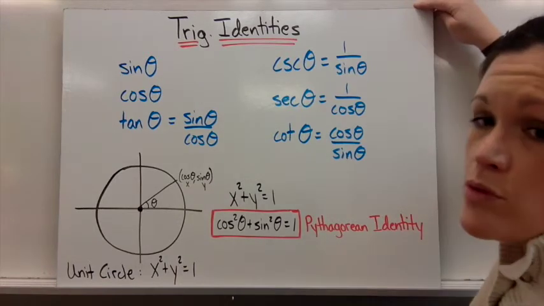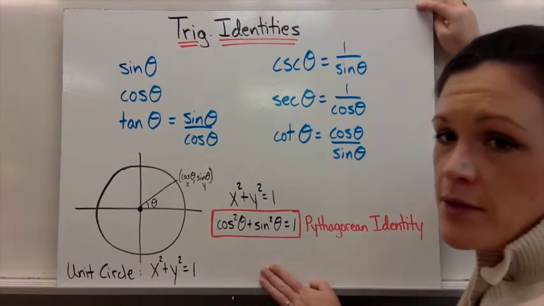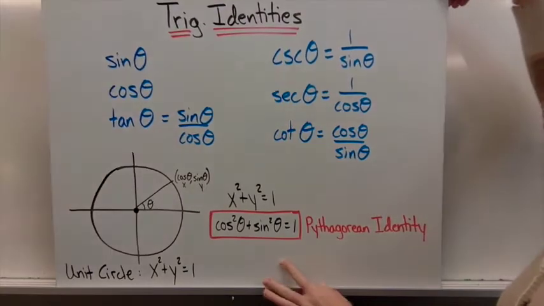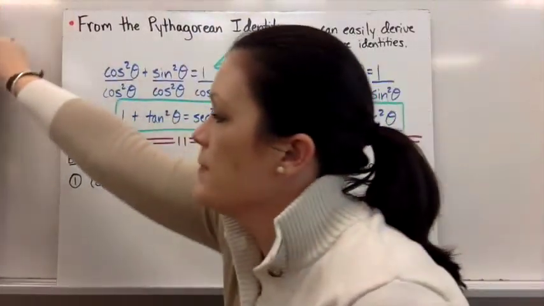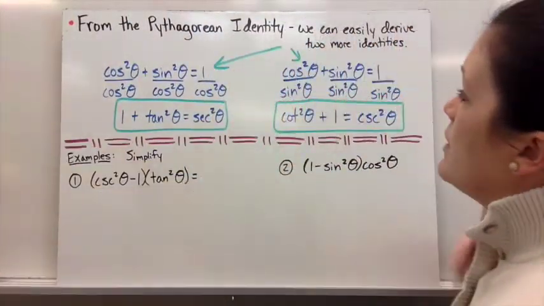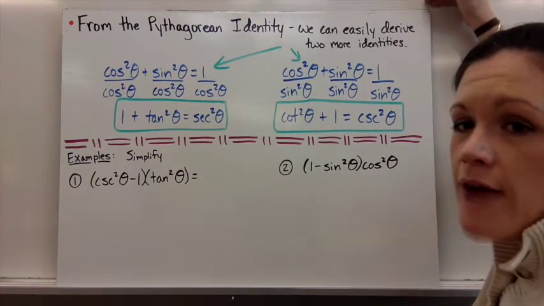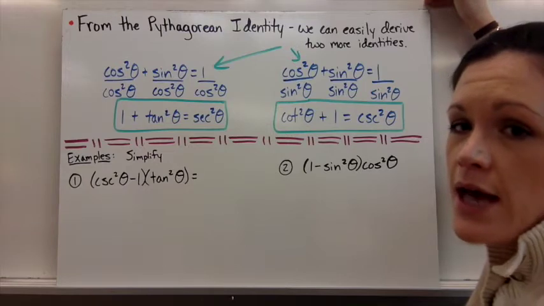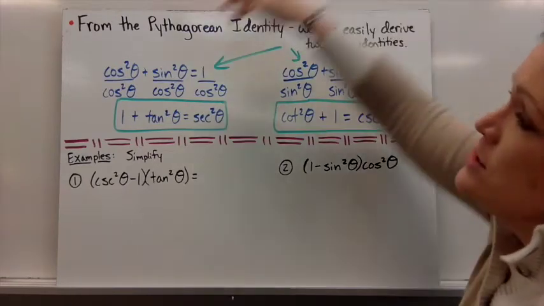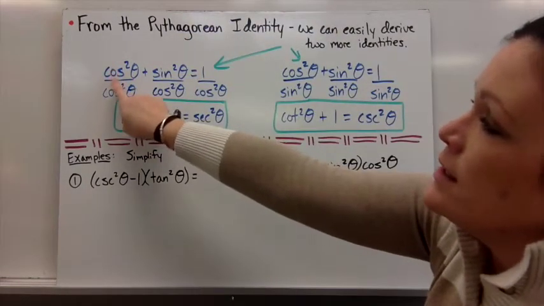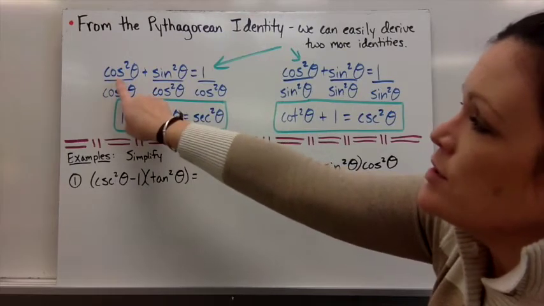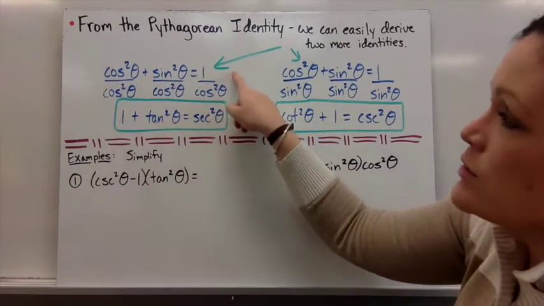There are 2 more identities we get from the Pythagorean identity. Let me show you those 2. From the Pythagorean identity, we can easily derive 2 more identities simply by dividing by cosine squared theta and dividing by sine squared theta. So I rewrote the Pythagorean identity right here at the top. Cosine squared theta plus sine squared theta equals 1.